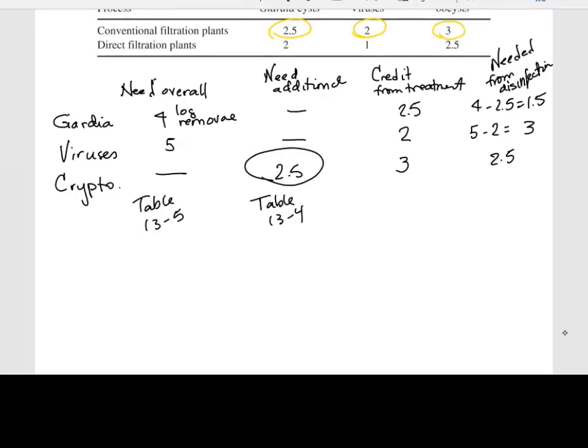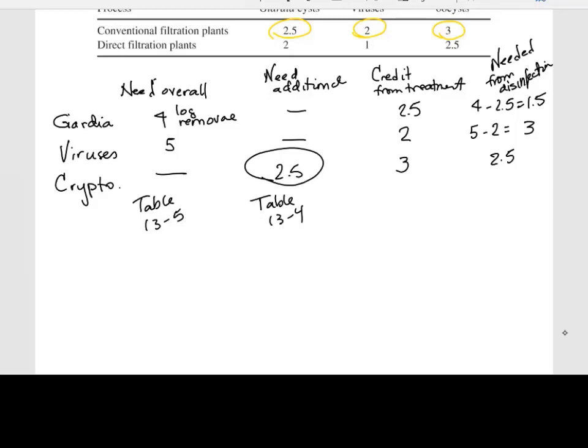I'm just confused with the 2.5 versus the 3 for the crypto. Okay, so basically the fact that we get 3 log removal credit for the treatment is essentially irrelevant. What EPA is saying is that you essentially need 5.5 log removal for crypto in order to protect the public.